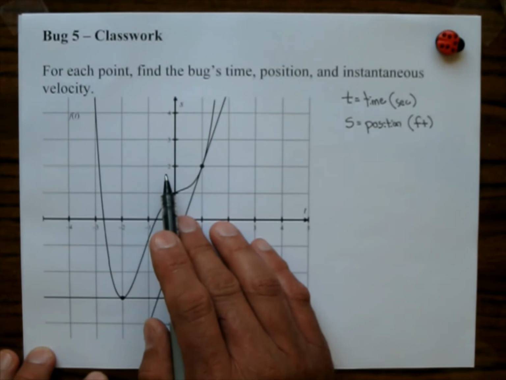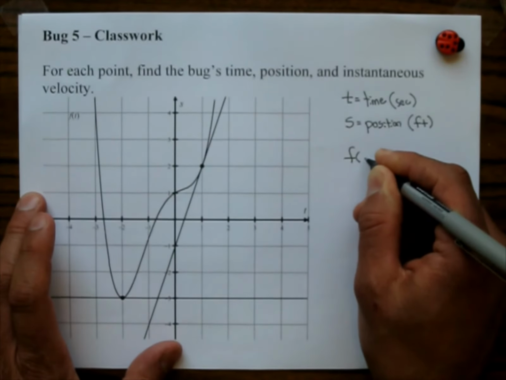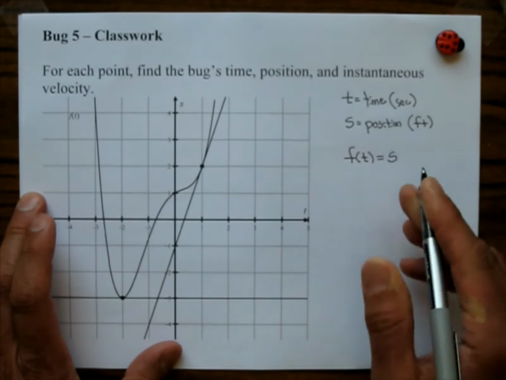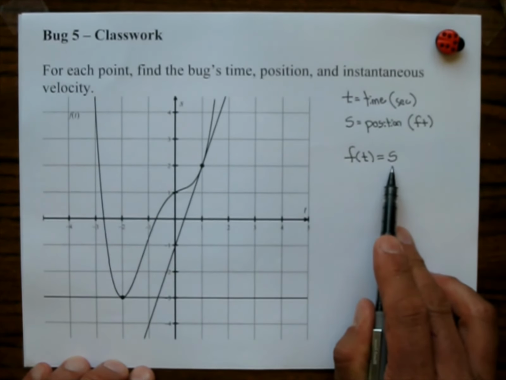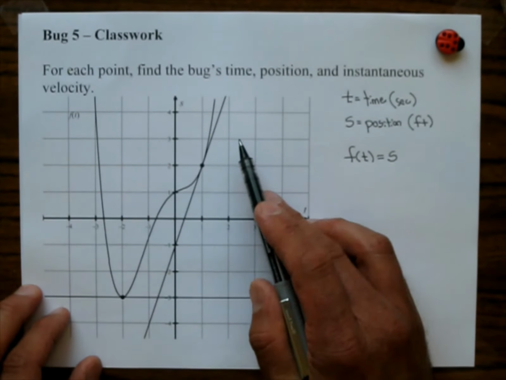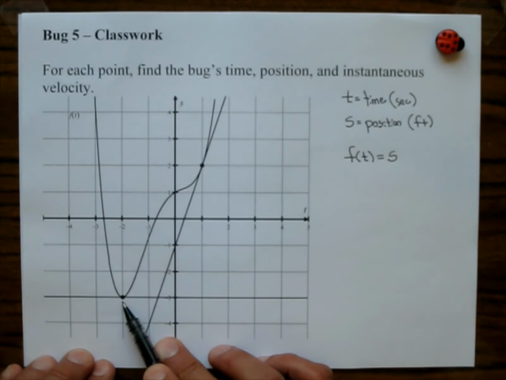f of t describes, so it looks like this, and we say f of t equals s. That describes the position, like we said, for each point, and there are 2 points here. Here's one point, there's the other point.